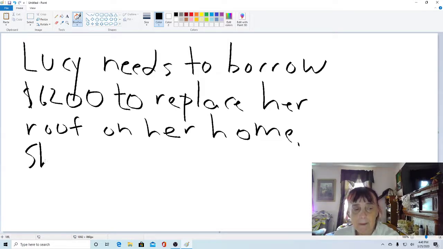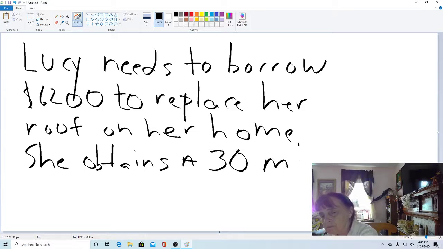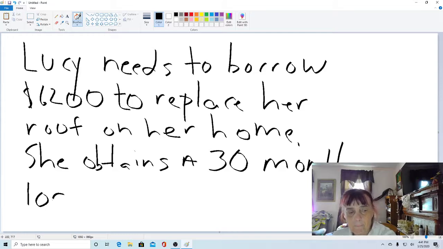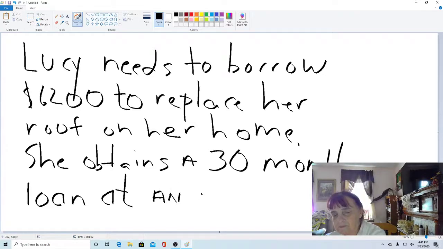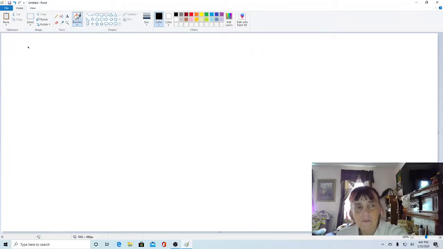Now, she obtains a 30-month loan at an interest rate of 5.75%.